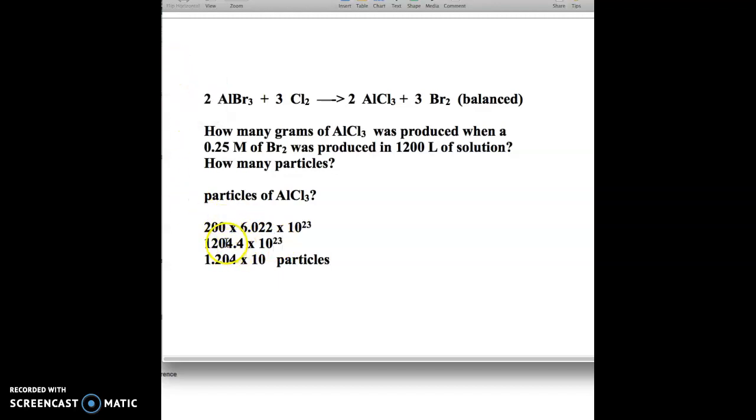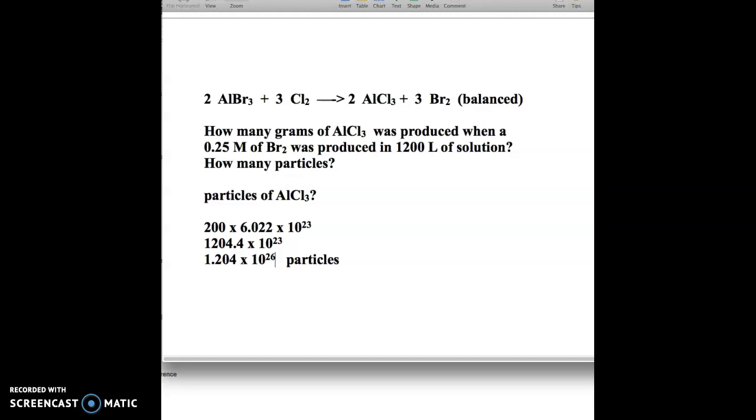Because you move it over 1, 2, 3, you have to add 3 to the exponent. 23 plus 3 is 26. So there you go. There's the answer.